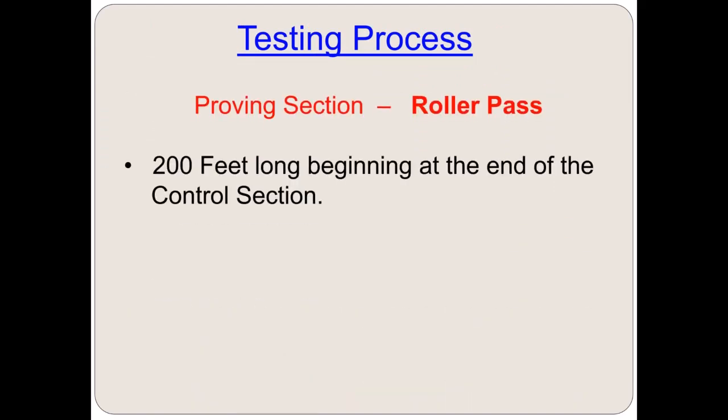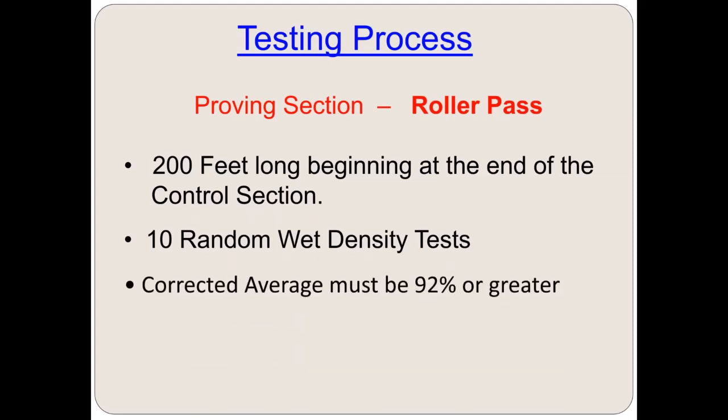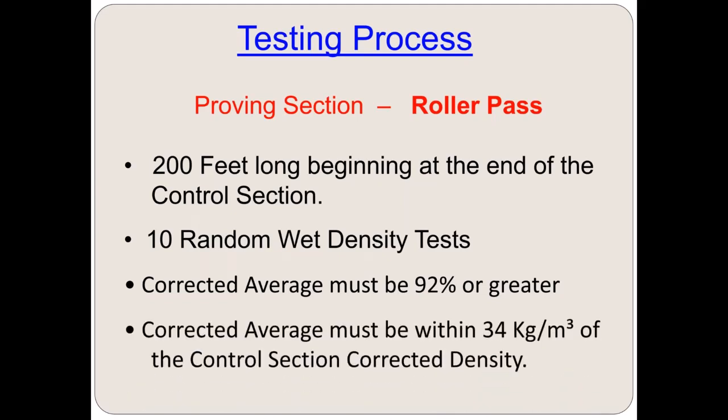It's 200 feet long, and it begins at the end of the control section. 10 random wet density tests. The corrected average of those 10 must be 92% or greater. And the corrected average must be within 34 kilograms of the control section corrected density.